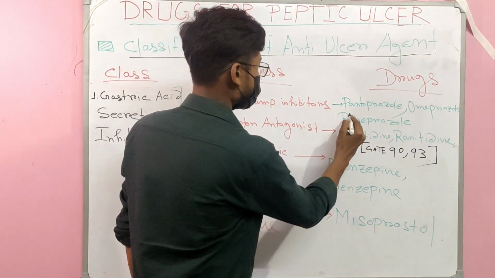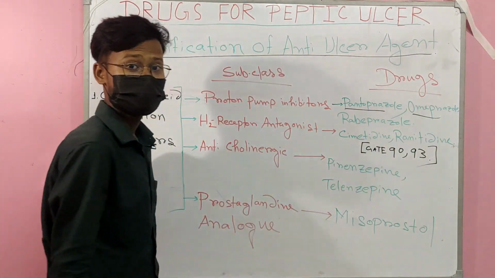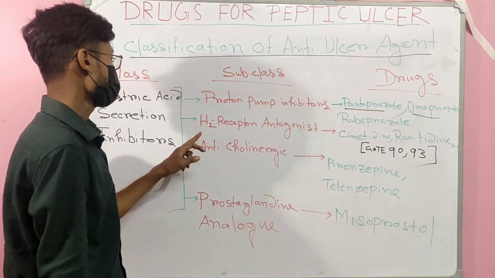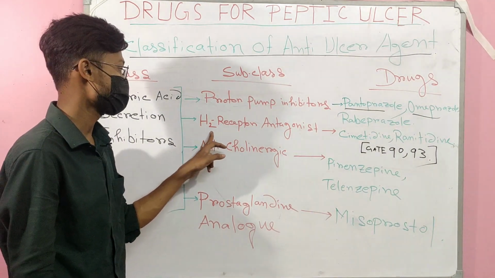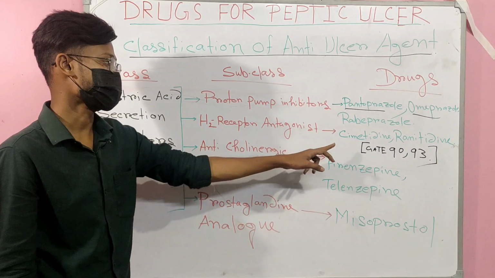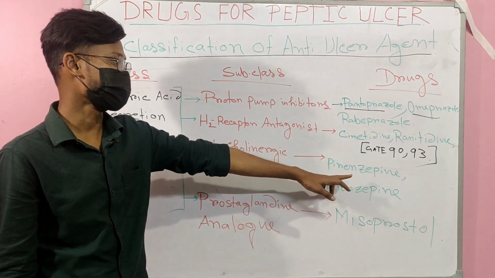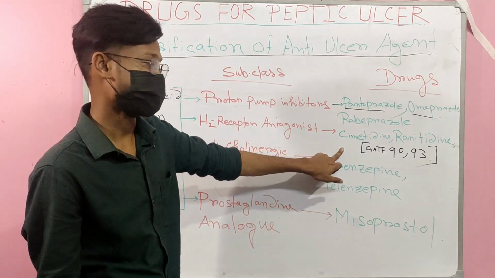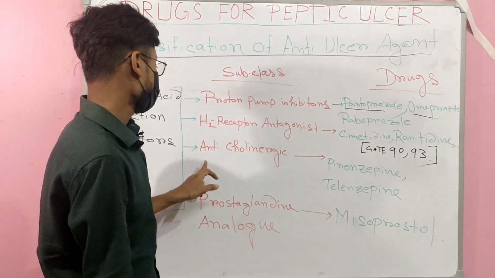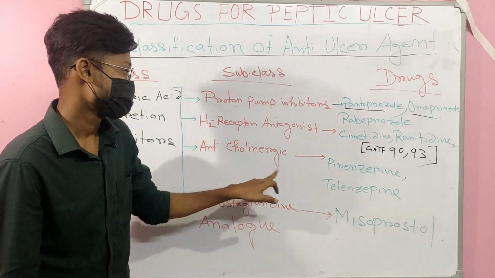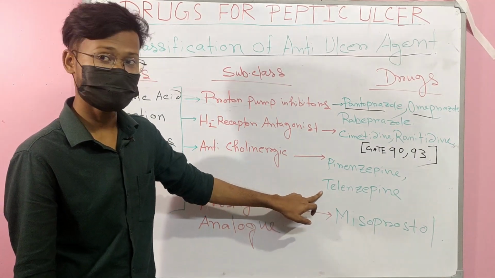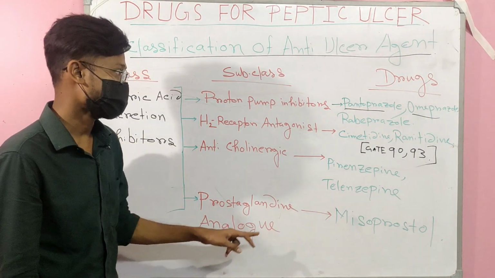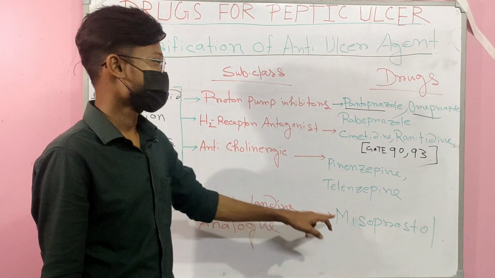Examples: pantoprazole, omeprazole, rabeprazole, esomeprazole, etc. Then the second subclass is H2 receptor antagonist. Example: cimetidine, ranitidine. It is very important for various pharma exams. Then anticholinergic drugs, meaning pirenzepine, telenzepine, etc. Then prostaglandin analog. Example: misoprostol.